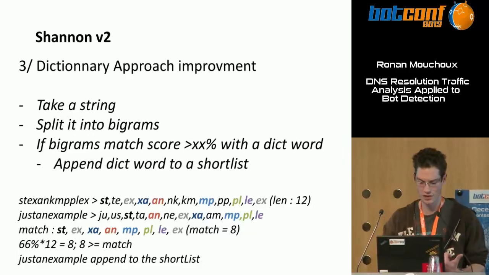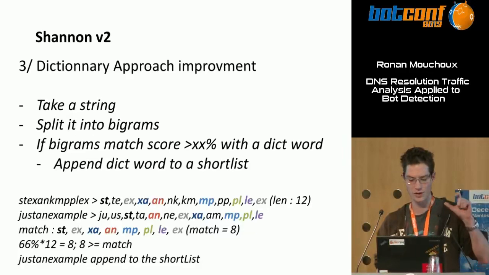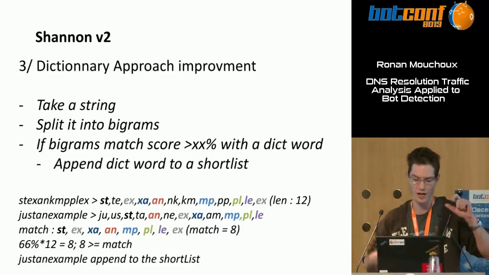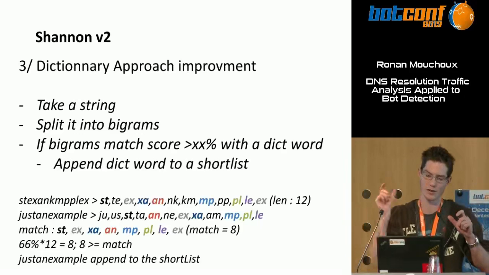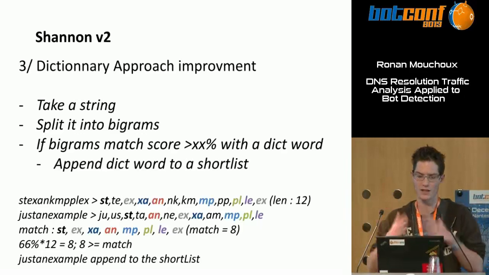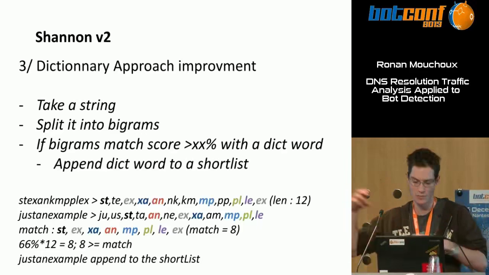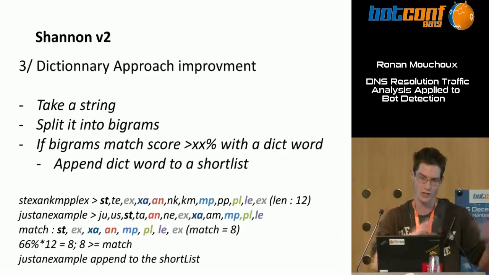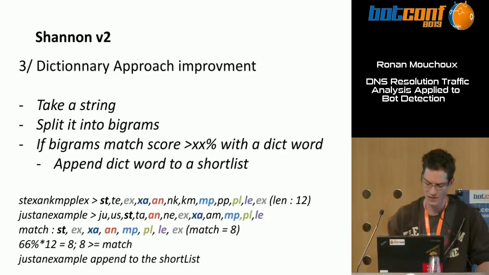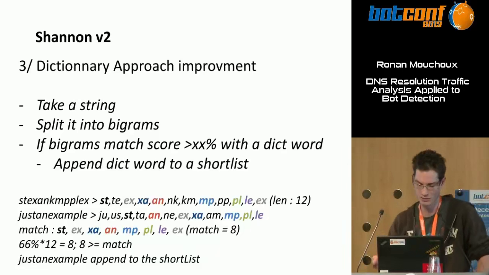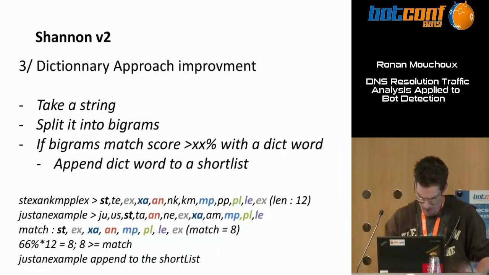In the first version, the string was compared to the whole word dictionary, and now it's compared to a short list made of words that share 66% of common bigrams with the string you want to assess. And I put 66%, but it's random. You can change it.